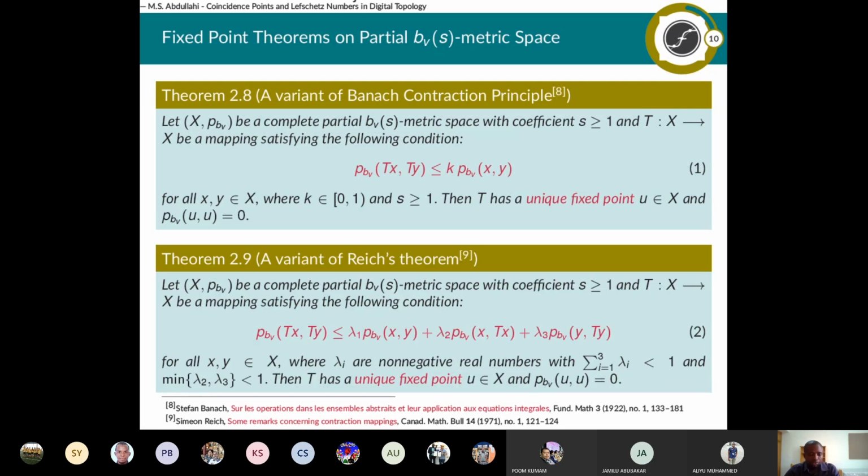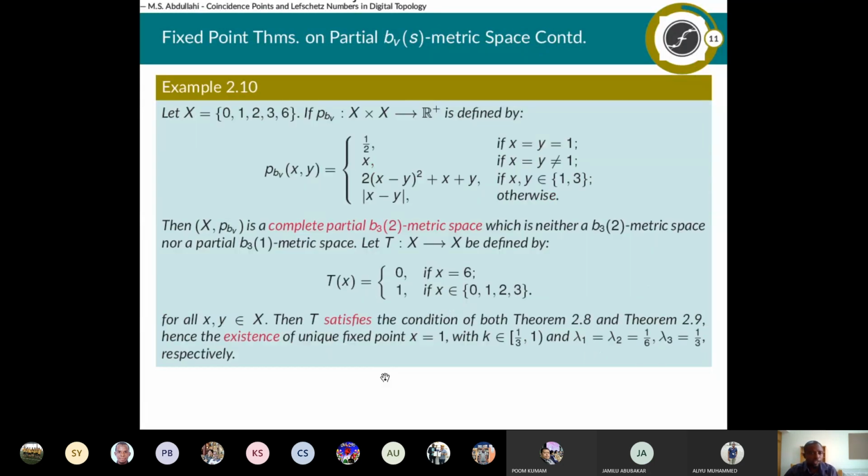Another theorem we study is the Rich contraction, which is a generalization of the Banach contraction, and we found that any complete partial BBS metric space that satisfies the Rich contractive condition under these additional assumptions will end up having a unique fixed point. For example, we have set up this example to show that our theorem is valid.